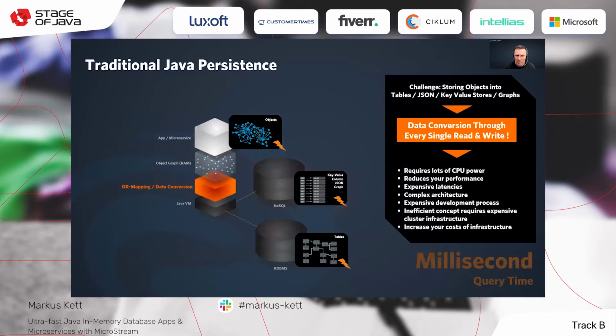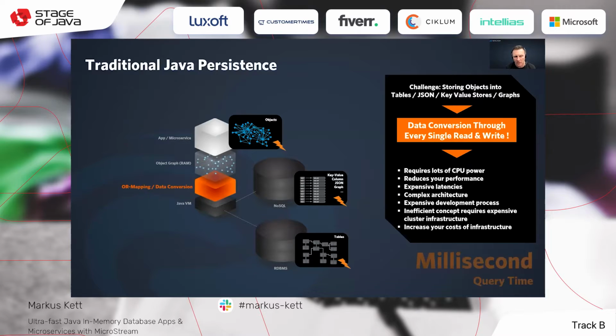For the relational model, we solve this problem by using a kind of bridge. So we use object relational mapping frameworks to enable storing objects in a relational database.